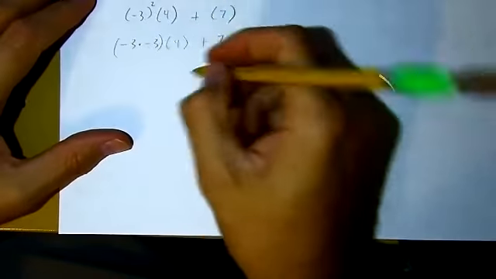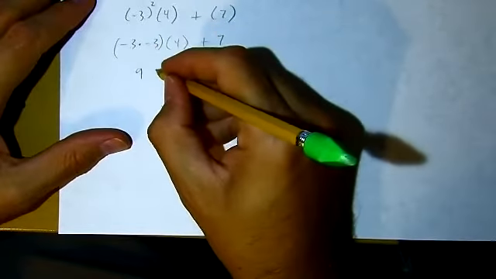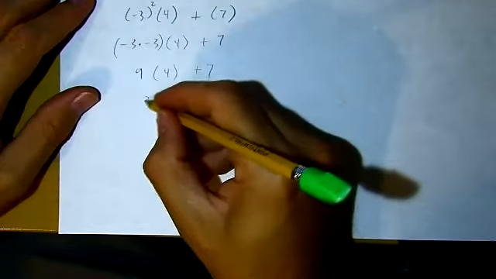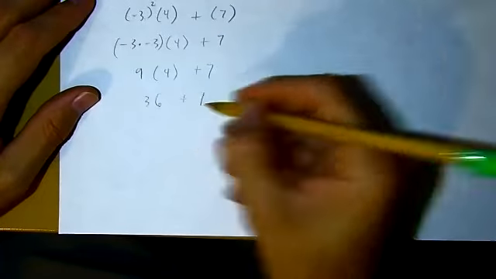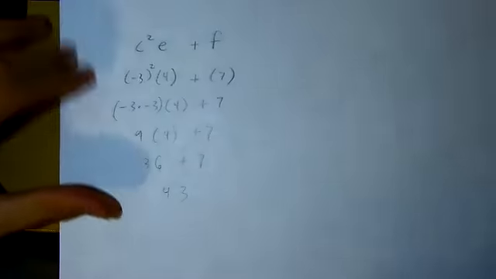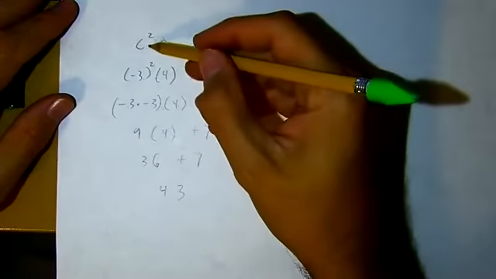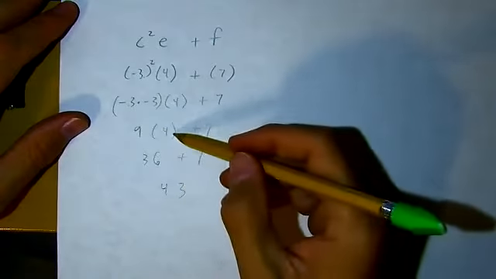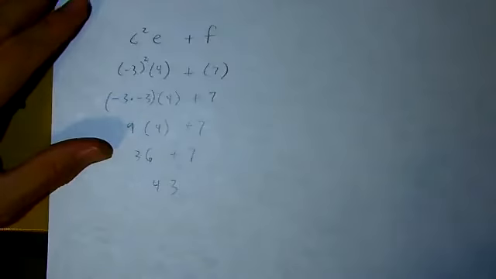So -3 times -3 is +9, times 4 is going to be +36, plus 7 is going to be 43. So what I did there is I did exponents first till I was done. Then I did multiplying. Then I did addition.